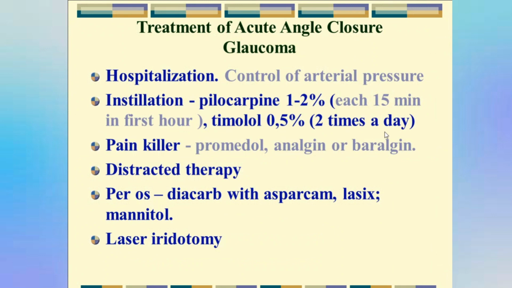Of course, acute angle closure glaucoma is an emergency case, and the patient has a severe condition, and we should hospitalize this patient immediately in an ophthalmological department. In the ophthalmological department, we should put in eye drops, pilocarpine 1-2% every 15 minutes in the first hour.